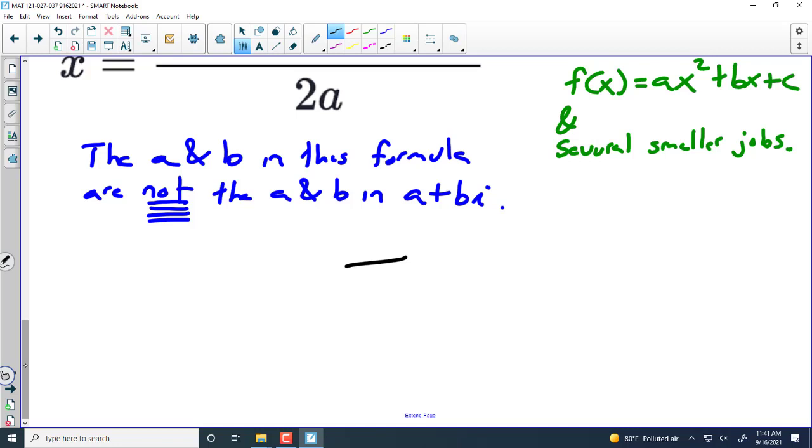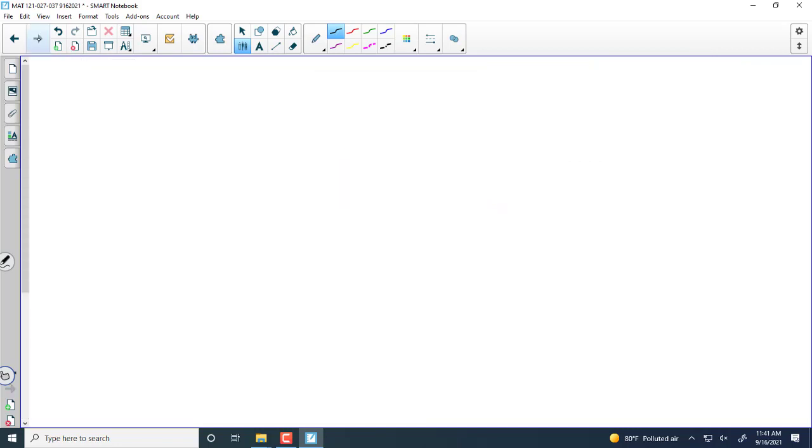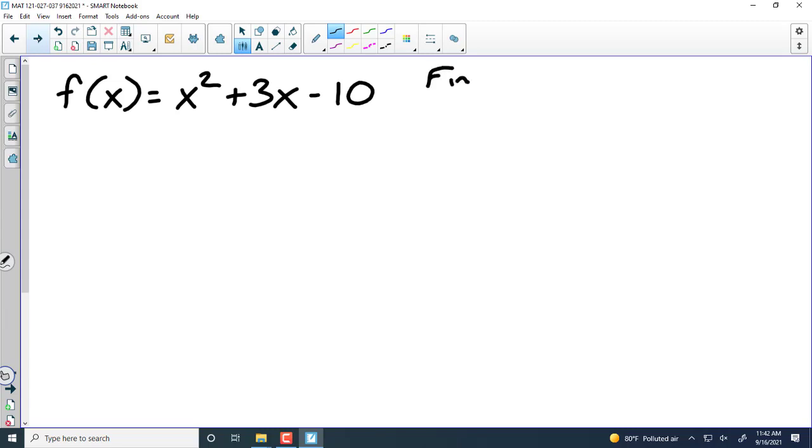All right. X squared plus 3x minus 10. The instructions? Find the zeros.